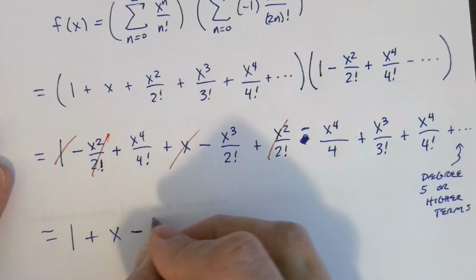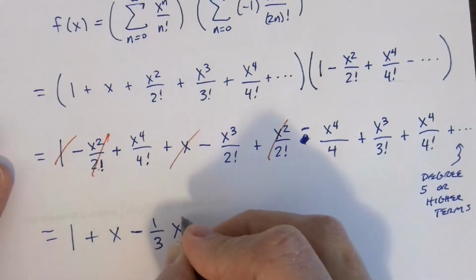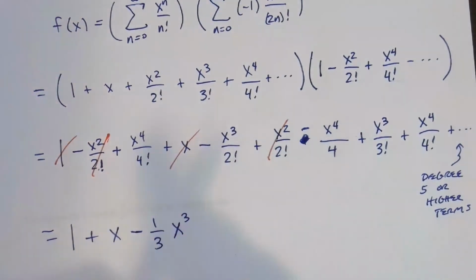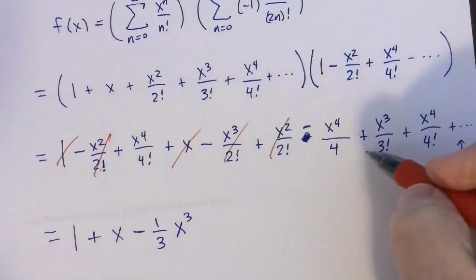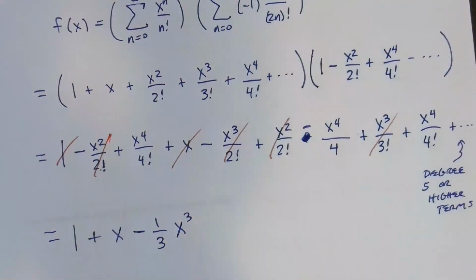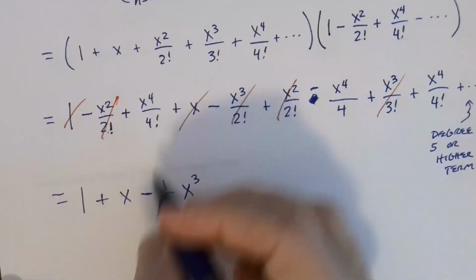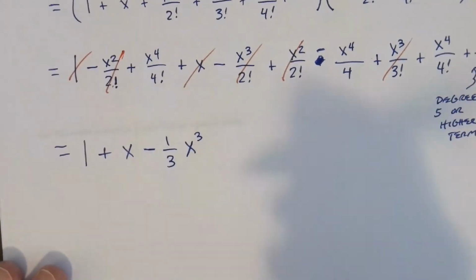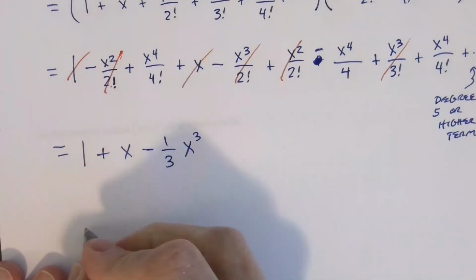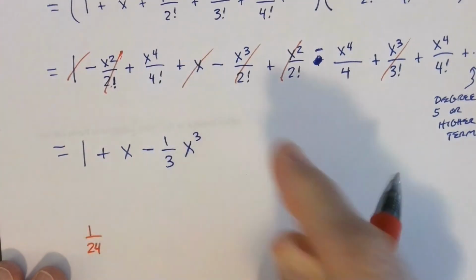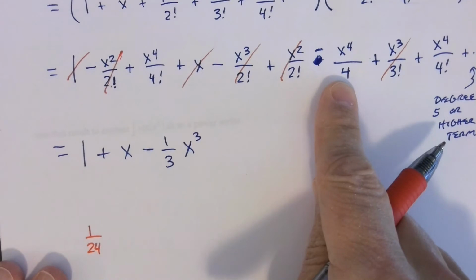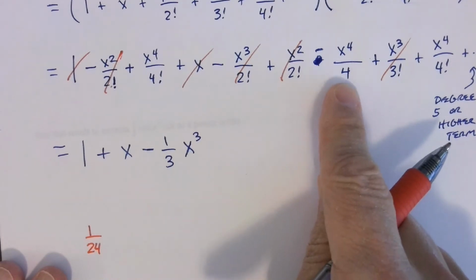That's going to be negative 1/3 x cubed. That takes care of my x cubed terms. And then the x to the 4th terms, let's see what I got here. Let me do the coefficients down below. I got 1 over 4 factorial, that's 1/24. And then I have minus 1/4.